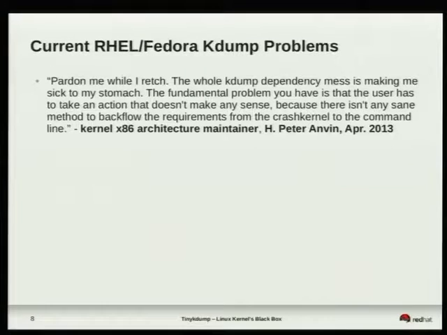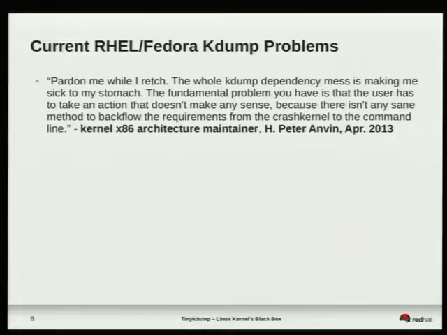And this one is from the kernel x86 architecture maintainer, HPA, who is from Intel. There was a problem with a kernel patch dealing with memory blocks that introduced a regression in reserving kernel memory.